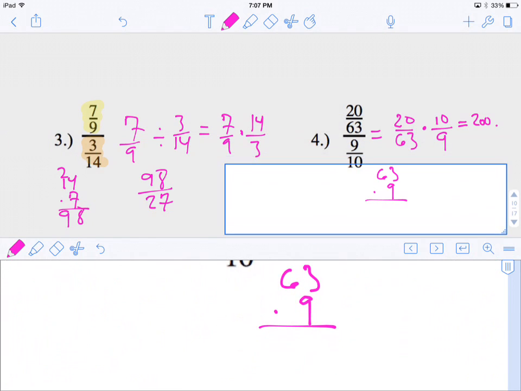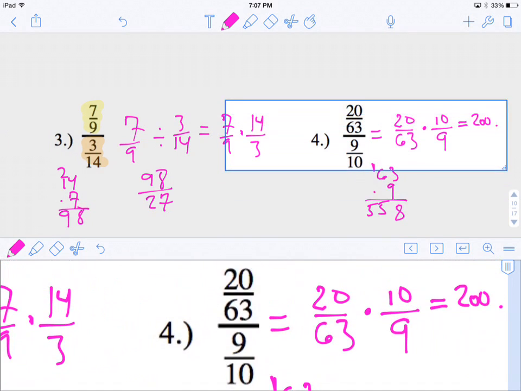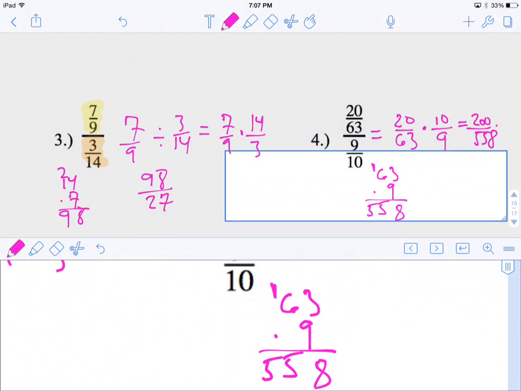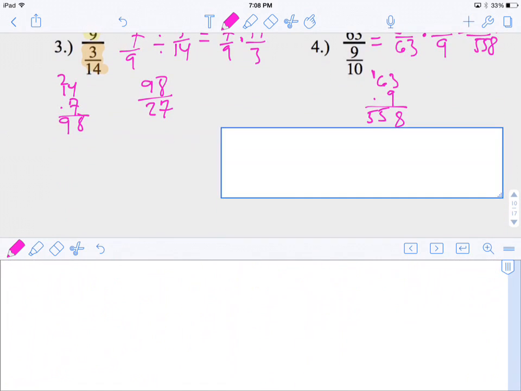So 3 times 9 is 27. I'm going to carry my 2. 9 times 6 is 54, plus 2 more is 56. So this is 200 over 567. I don't want to simplify that right now, but I could.